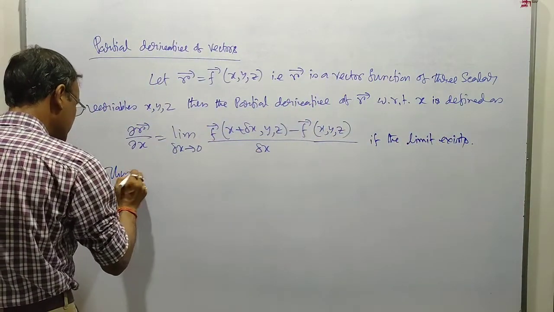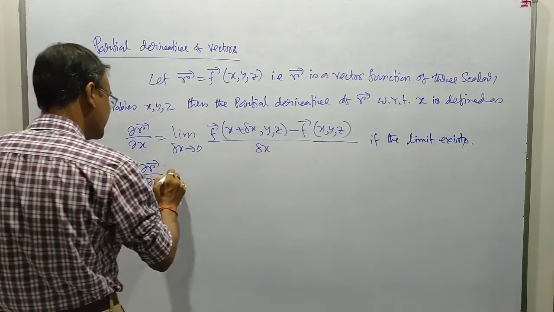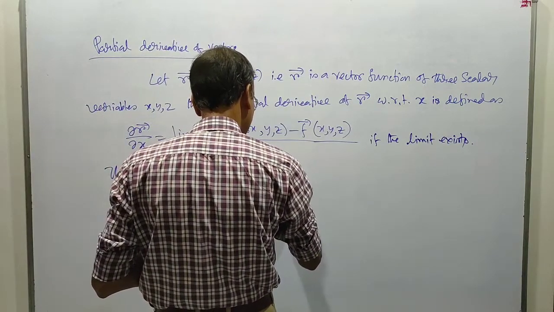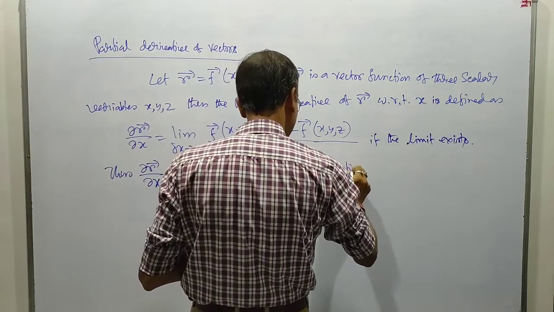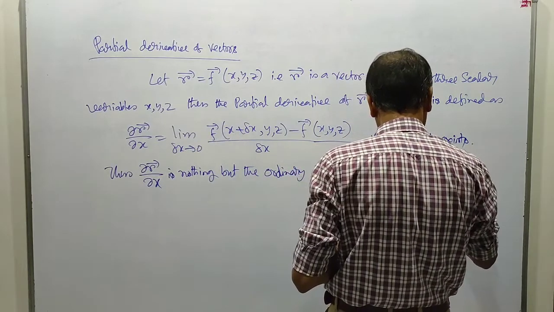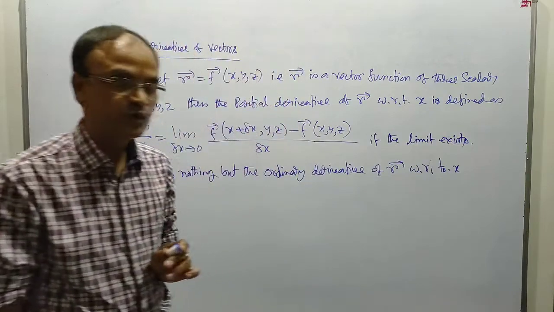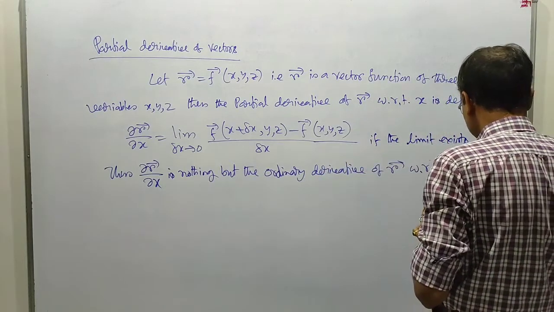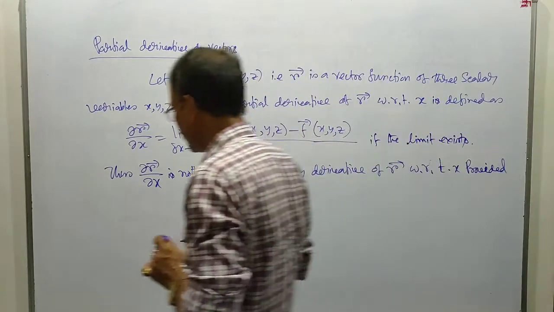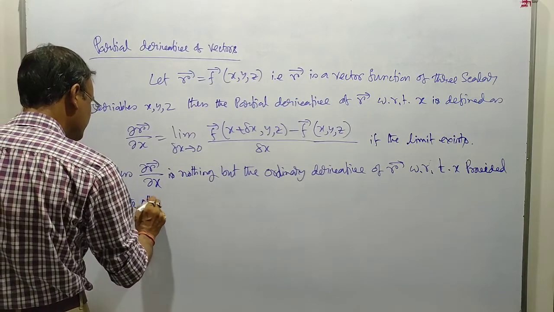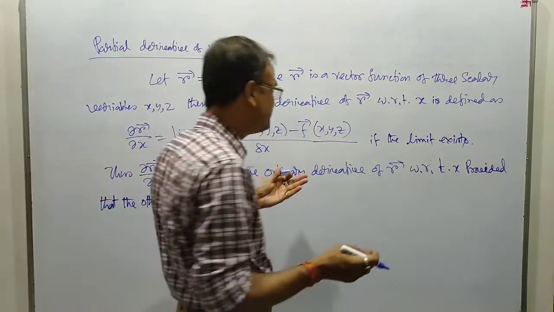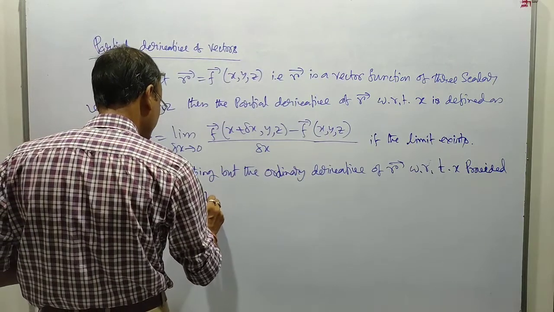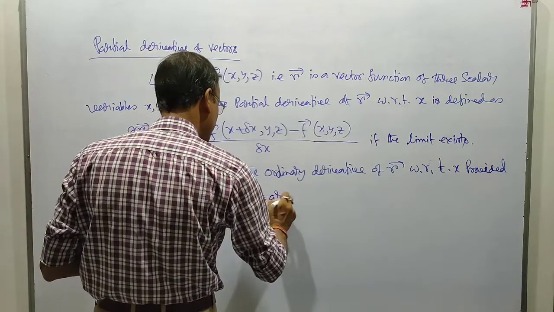Thus, delta R vector by delta x is nothing but the ordinary derivative of R vector with respect to x, provided that the other variables y and z are regarded as constant.